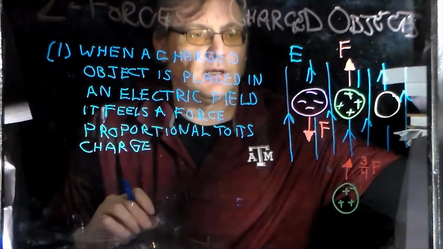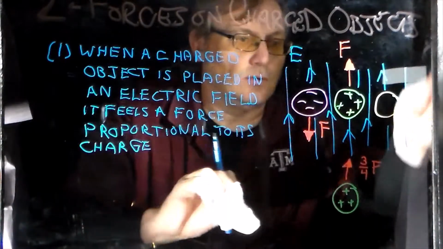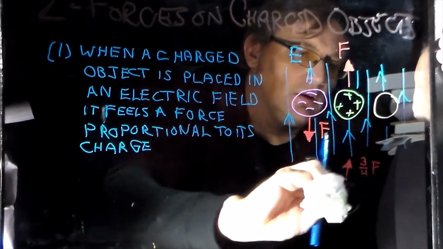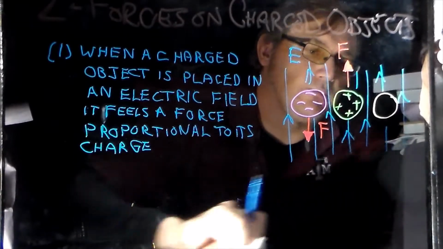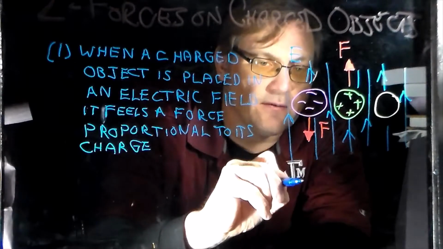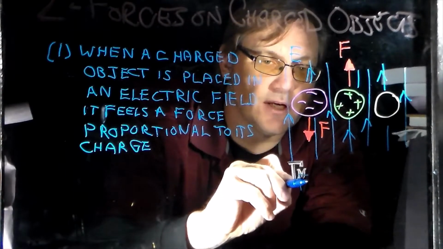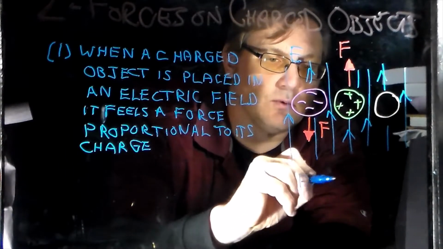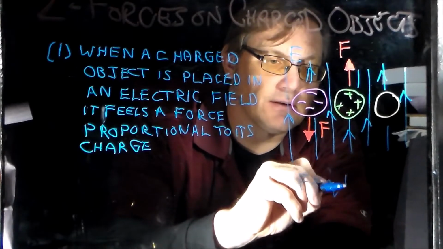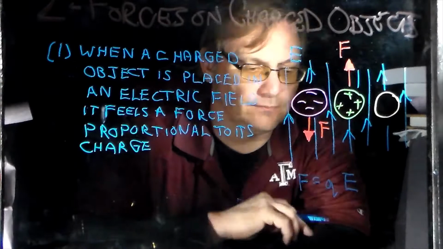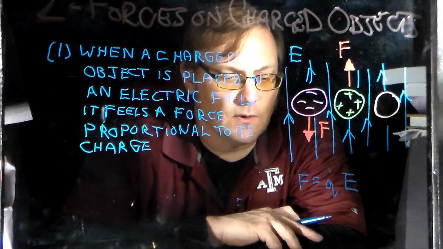So what that's going to mean to you when we have to do problems and stuff like that is that the force on the object is equal to the charge on the object times the electric field. Okay?